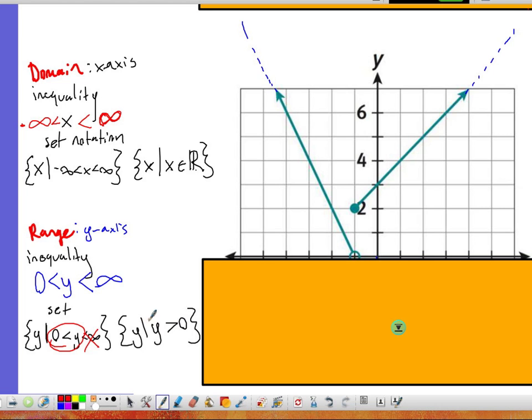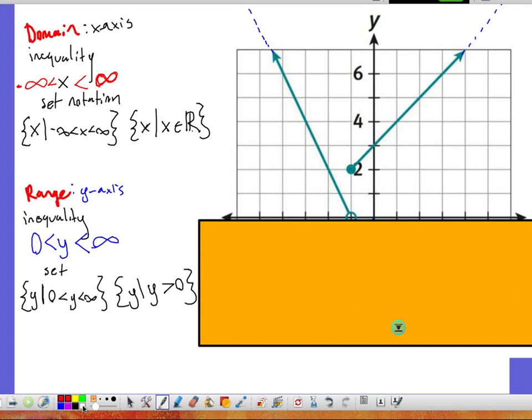And do you see that you can actually keep on going? 5, 100, a billion, a trillion, a googol, which is a number with 1 and 100 zeros. You can keep on going to infinity. So this implies that you go to infinity, and set notation likes using this form right here.